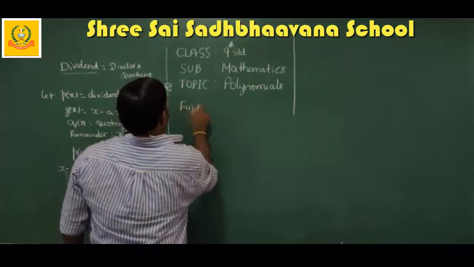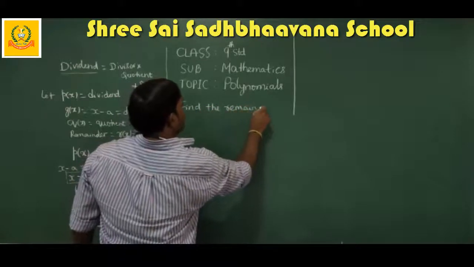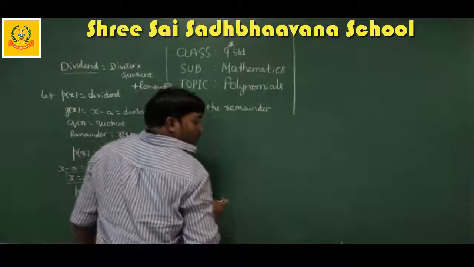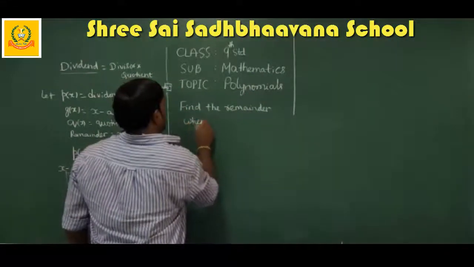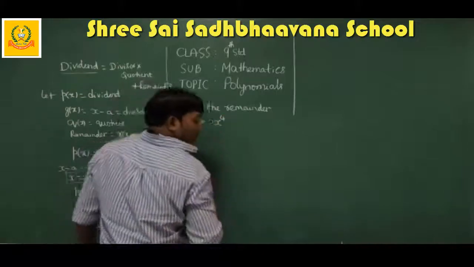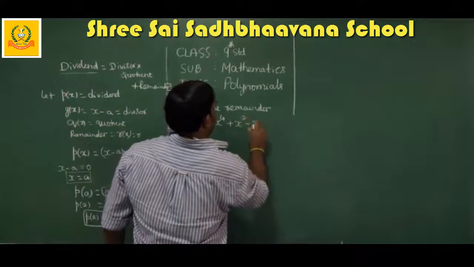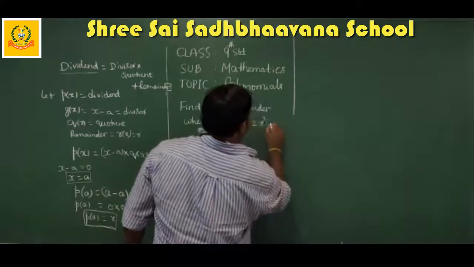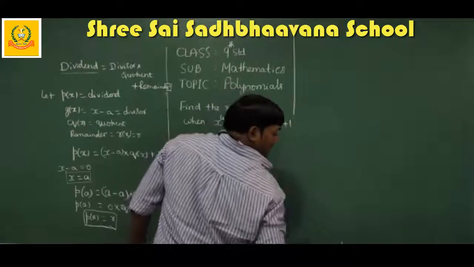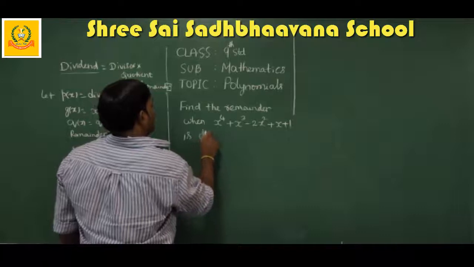The sum is: find the remainder when x power 4 plus x cube minus 2x square plus x plus 1 is divided by x minus 1.